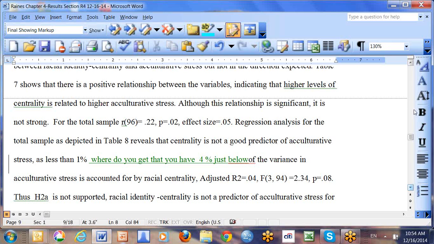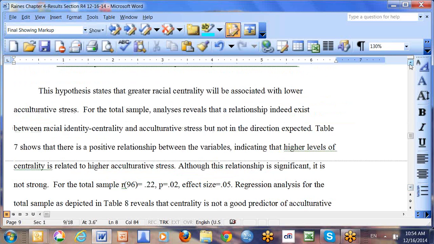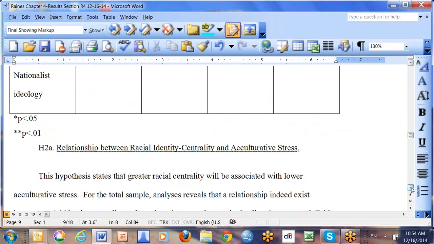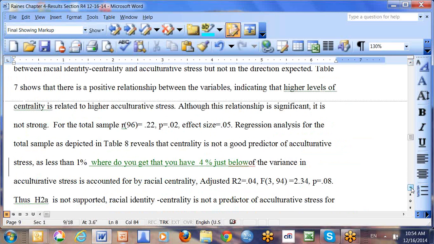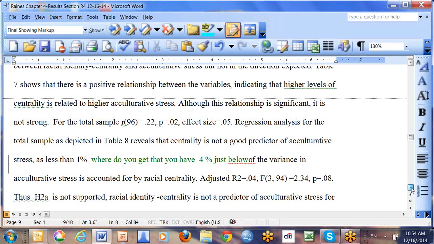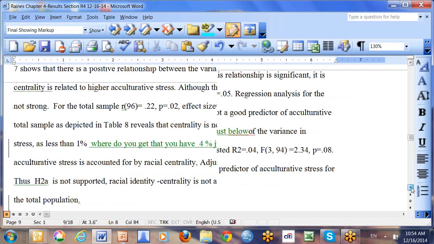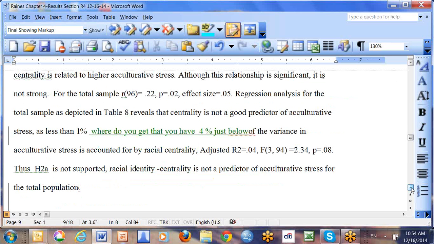This is 2A? Let me go back up here. Okay, hypothesis 2A. I just want to look at the picture, make sure I wrote it correctly. So, adjusted R square is, well, is it not? Hold on, where am I? It is.